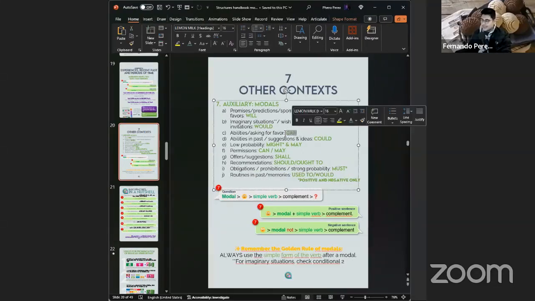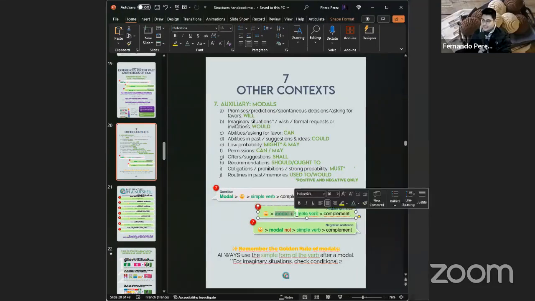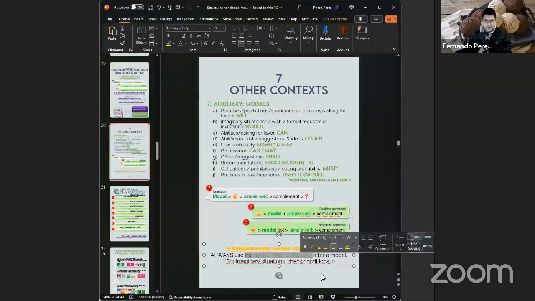The word can here is not a verb. And when you have a modal, it's not necessary to use to. Always use the simple form of the verb after a modal.